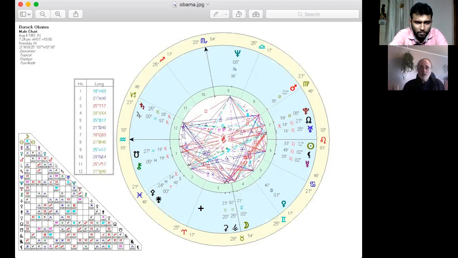Any planet that is aspecting Pluto in a chart or in transit is going to be affected by Pluto.